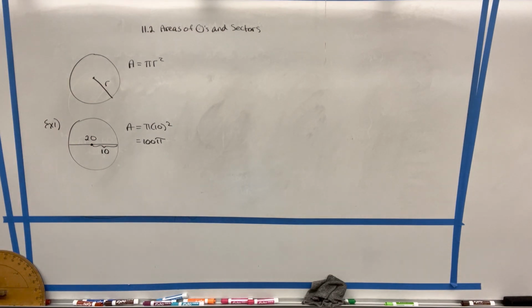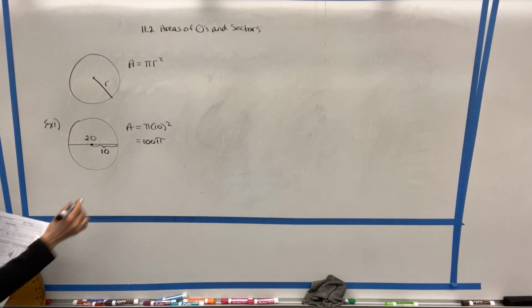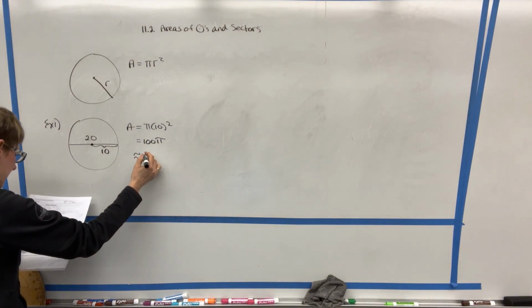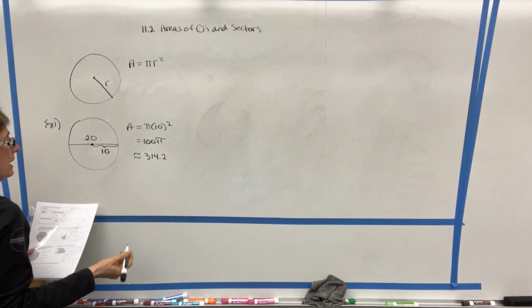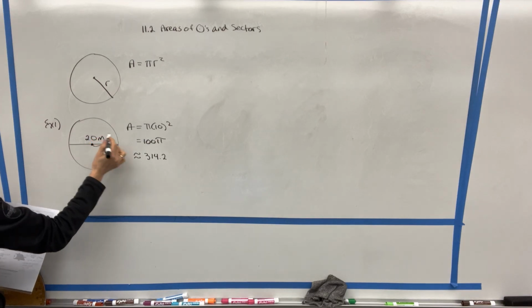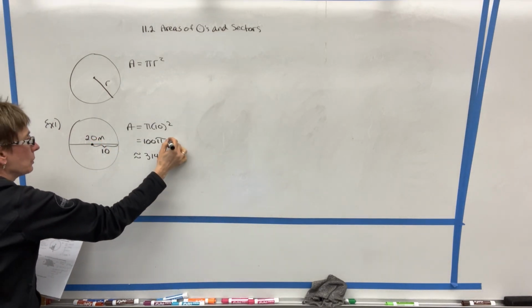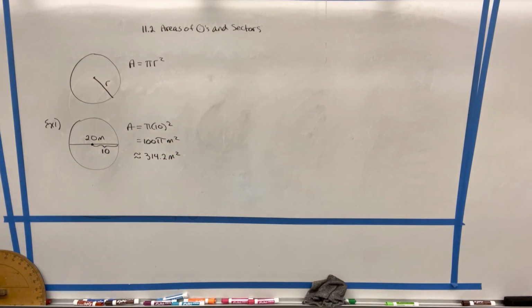Normally, we just go ahead and leave our answer like that, but if you needed to round it, that would be approximately 314.2. And let's say that this was in meters. This would be meters squared. Okay, so that would be an example of using area of a circle.